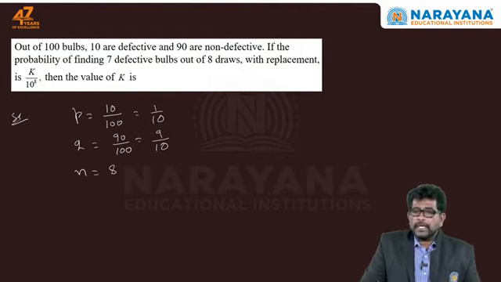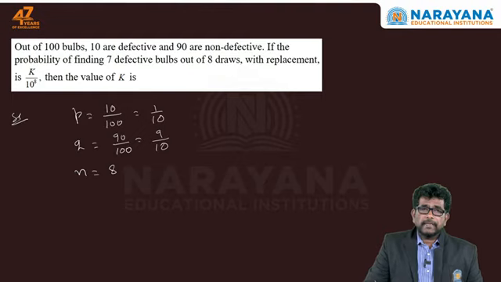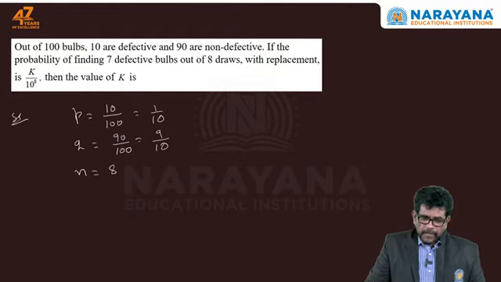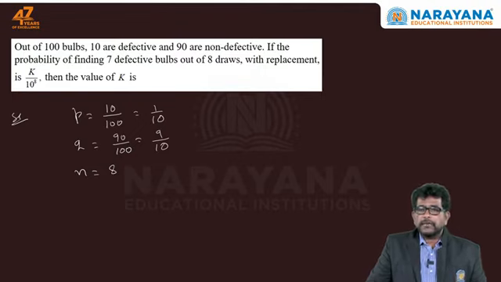In every experiment, the sample contains only 8. Out of 8, 7 are the defective bulbs. Every trial has success and failure. That's why it is known as a Bernoulli trial. So for the Bernoulli trials, we define the binomial probabilities.